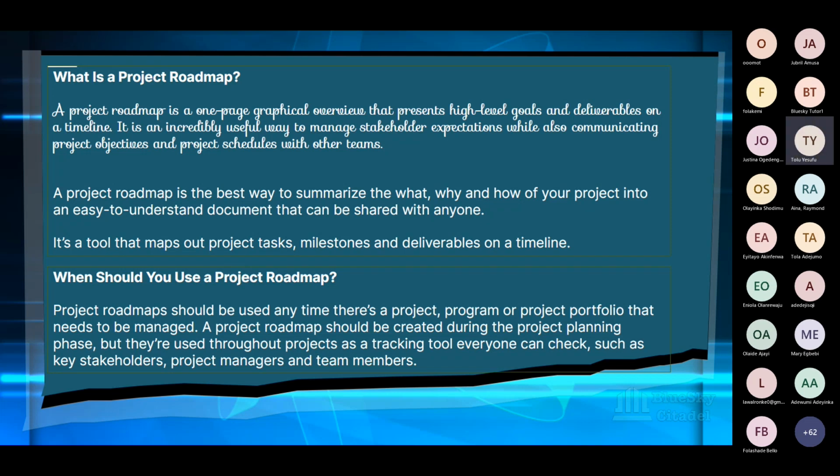Now, a project roadmap as well can be said to be a tool that maps out the project plans, the milestones, and deliverables on a timeline. The main purpose is to provide a high-level visual representation of the larger project plan. Even within the waterfall environment, we hear a lot of project plan, project plan.